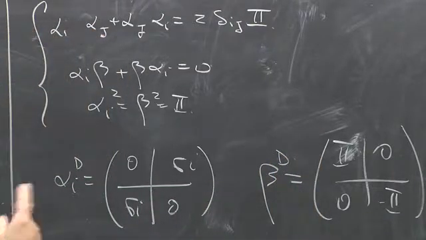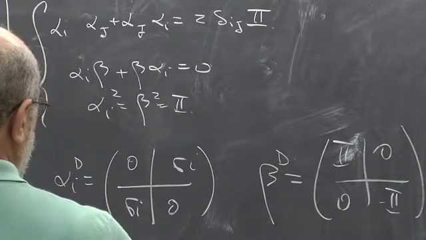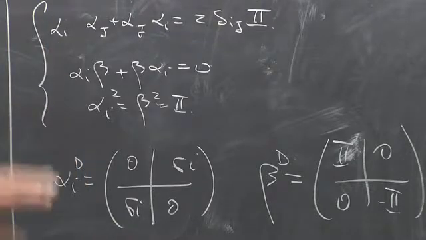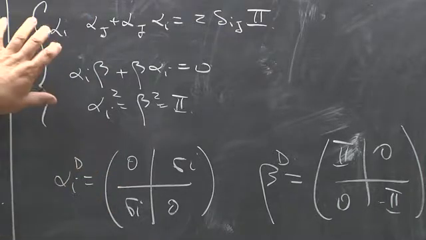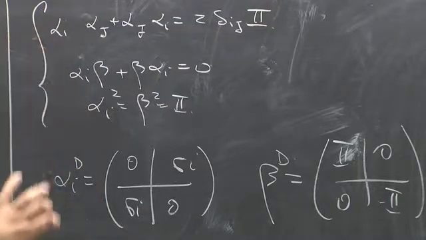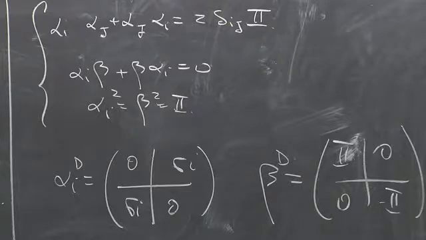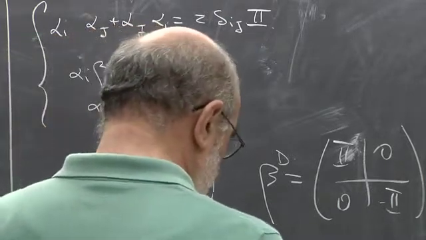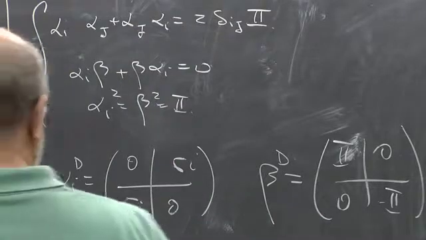There is also another realization called the Weyl realization, that satisfies those relations, because these algebraic relations are the only important things, not the realization. This is a particular realization that satisfies this, but there can be different realizations that satisfy this. In fact, Weyl, who was a mathematical physicist, realized that there was another realization.